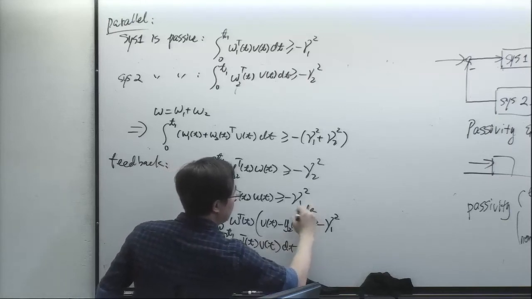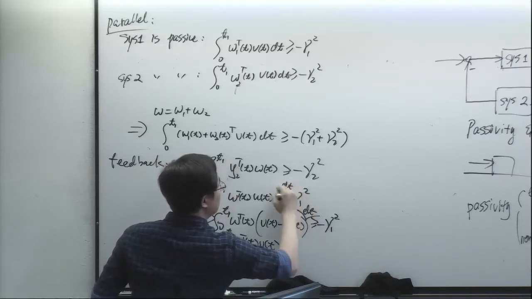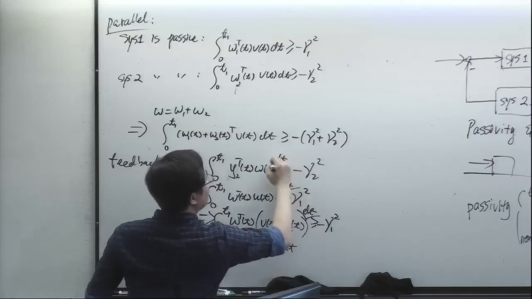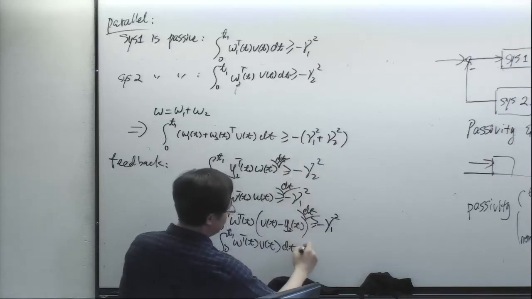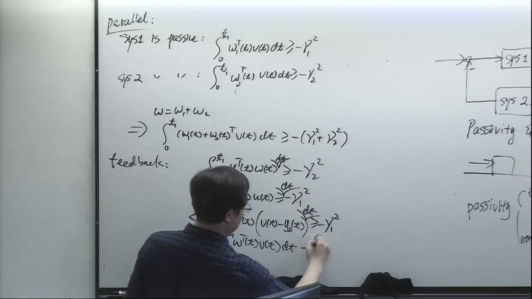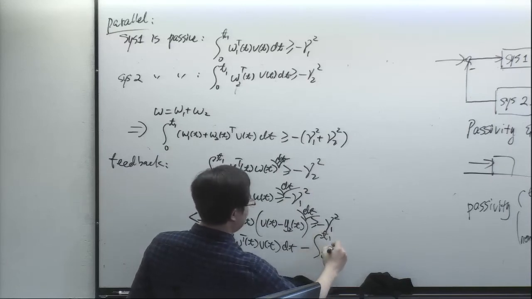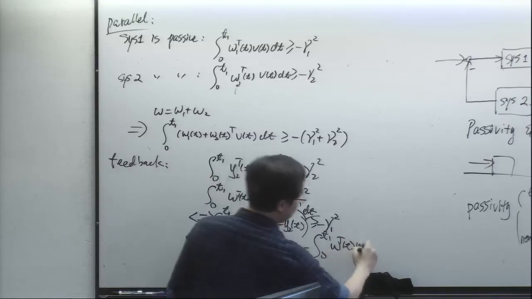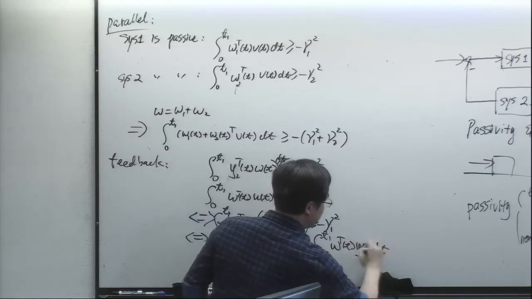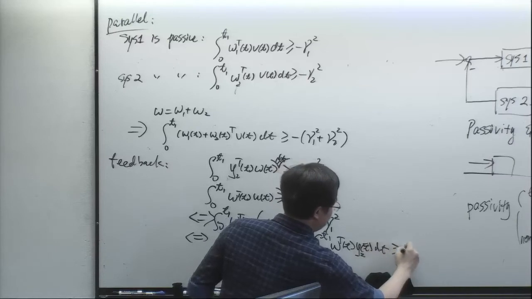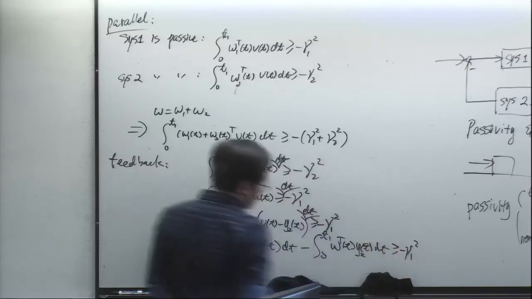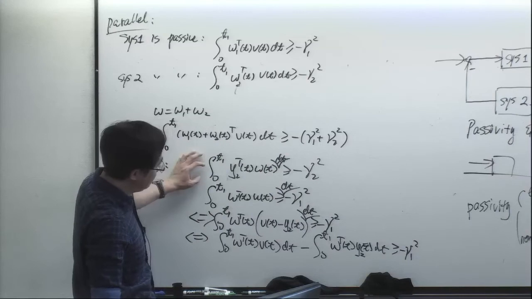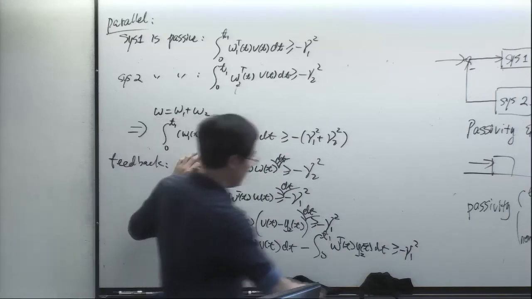Pull out minus W Y2, and you can move that to the other side.